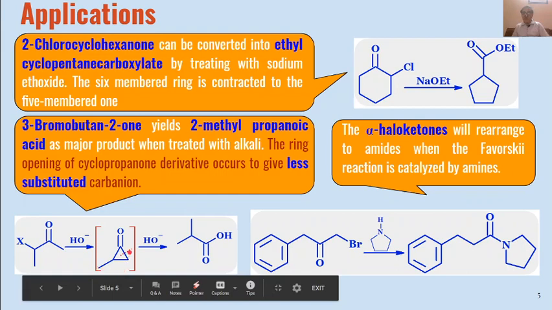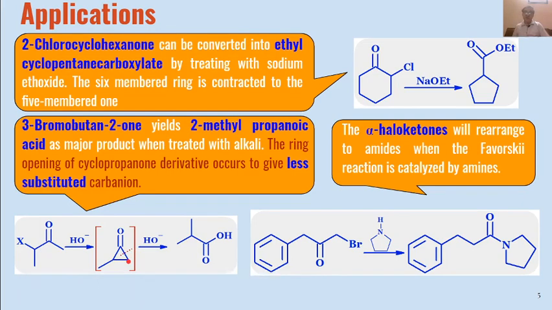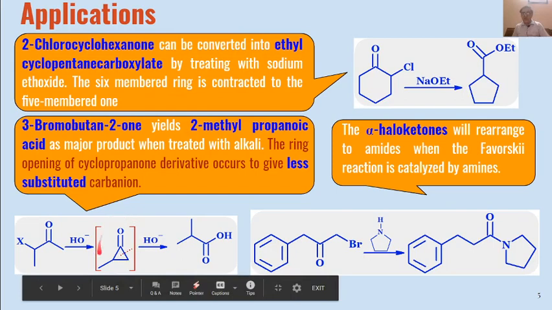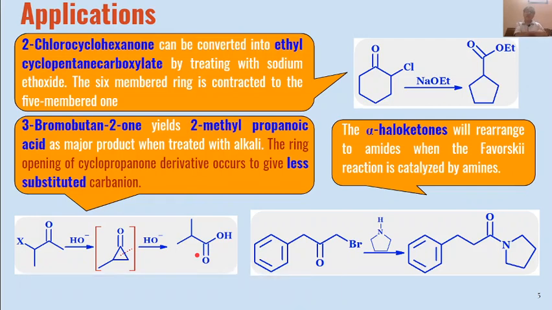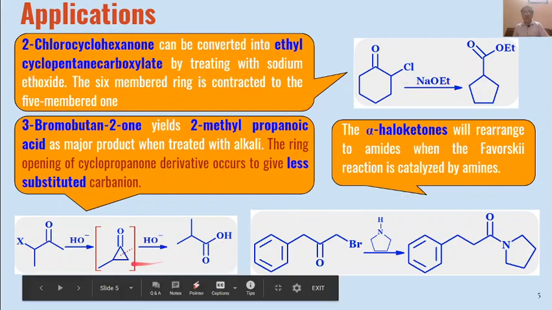So that is why the breaking of this bond takes place, because this will give us a less substituted carbanion. And after the formation of the less substituted carbanion, we will get this as the product. So this is how we can explain, in the case of unsymmetrical cyclopropanone derivatives which are formed as intermediate, in what way the carbon-carbon single bond will break, either this bond or this bond.